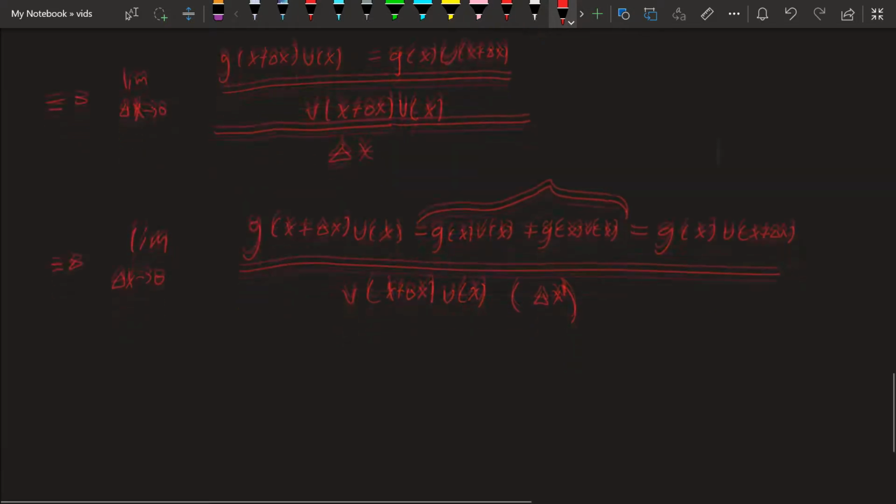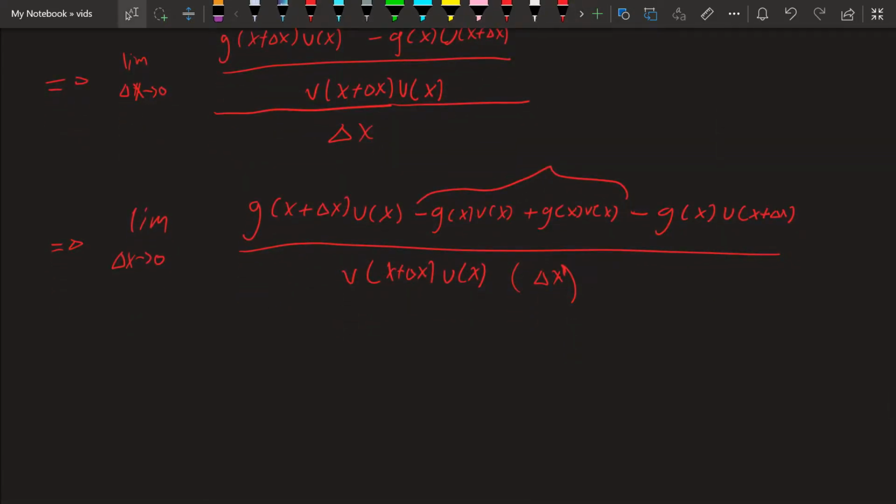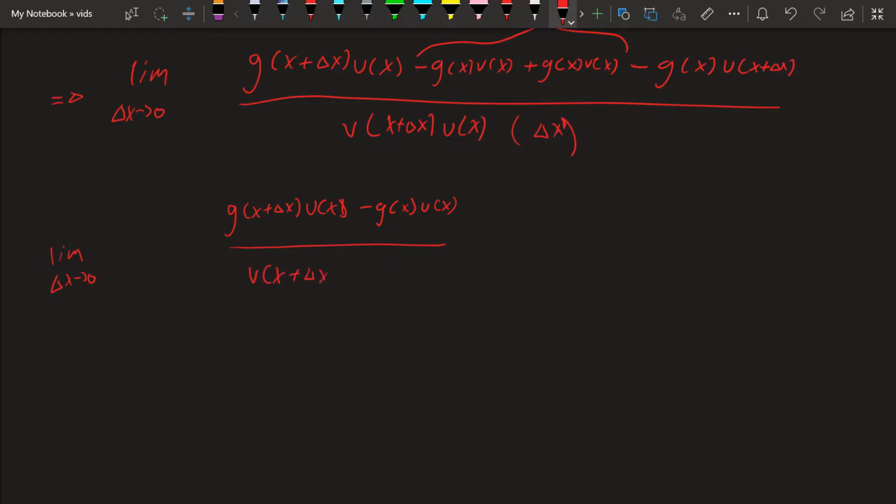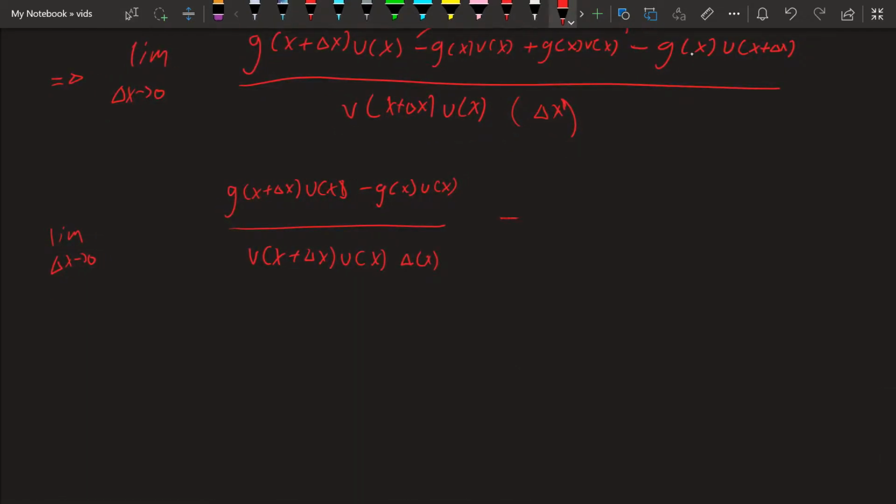Good. Now, what we're going to do is, again, split the fraction. And what we're going to get is g of x plus delta x, and of course there's the limit. So g of x plus delta x multiplied by v of x minus g of x v of x, over the denominator, which is v of x plus delta x, v of x multiplied by delta x, plus, we're going to split this as well.